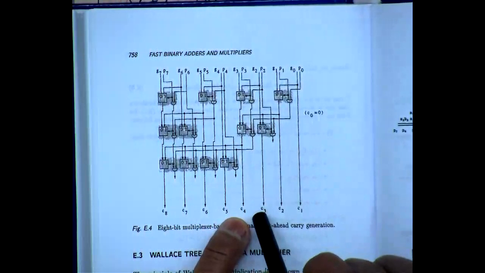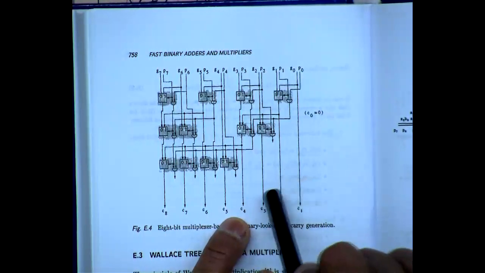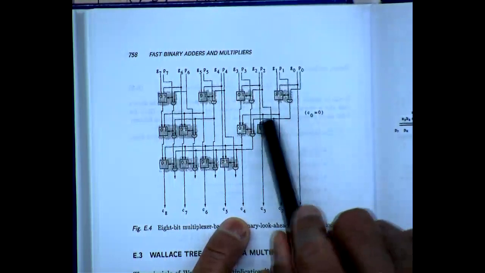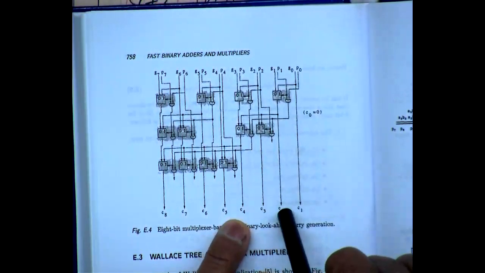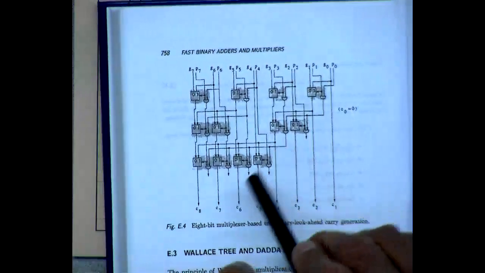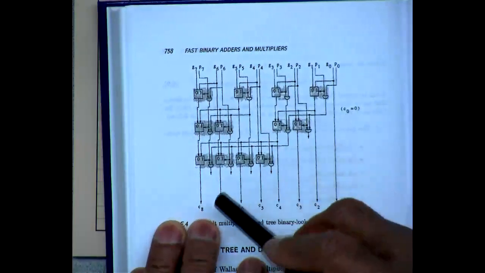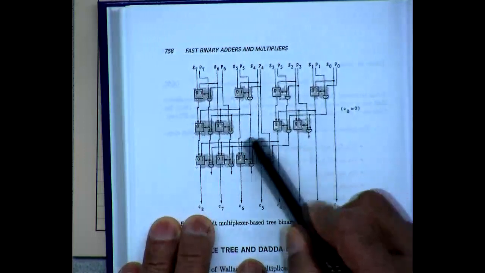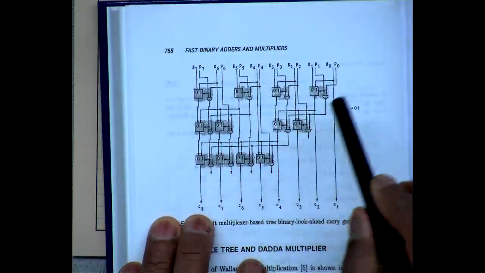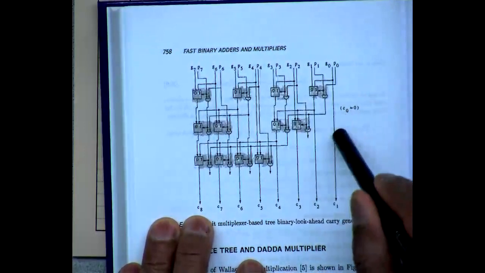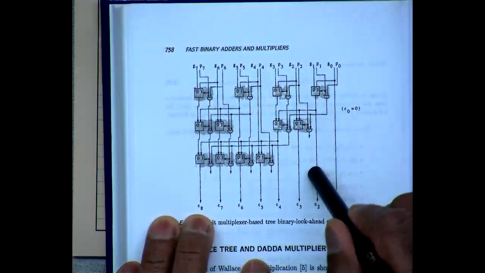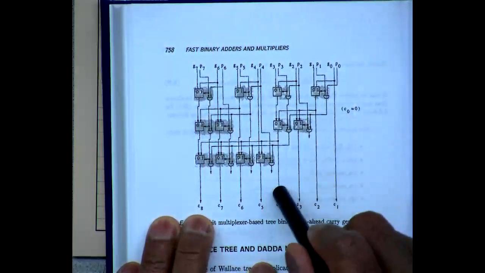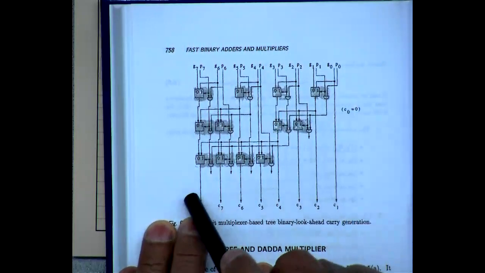C3 is computed from C2, using the original equation, Ci plus 1 from Ci. Okay, how do we compute all of these? C0 is used to compute C1. Then C0 also is used to compute C2. C2 is used to compute C4. C4 is used to compute C8.